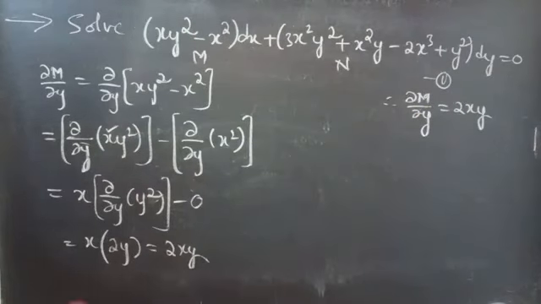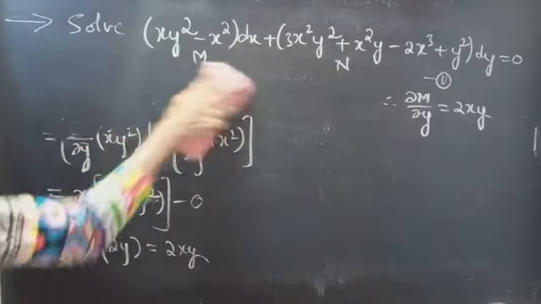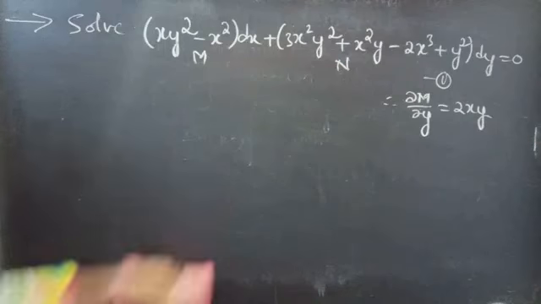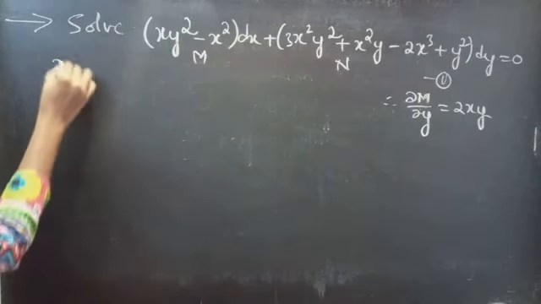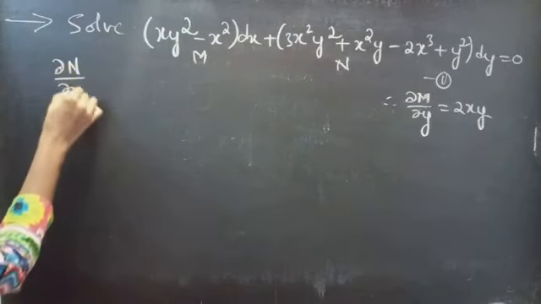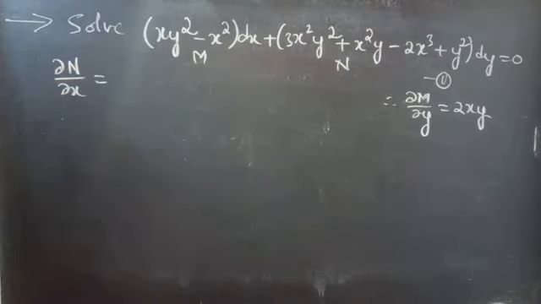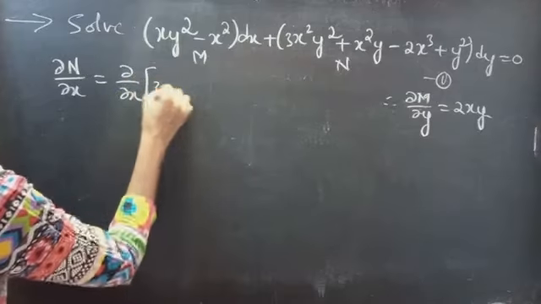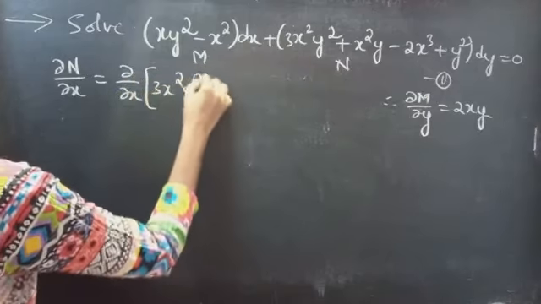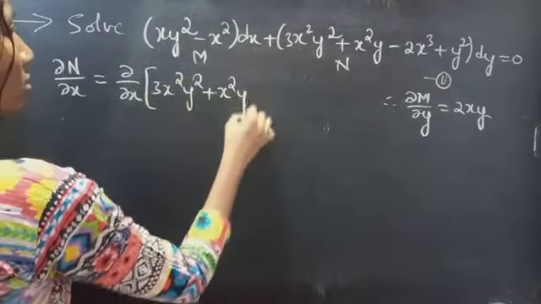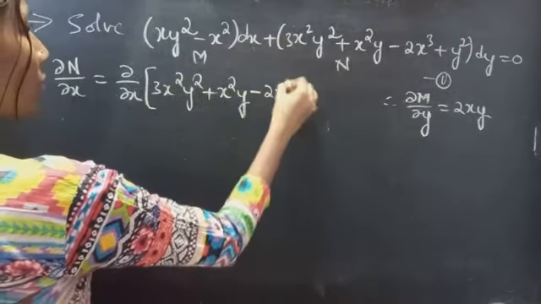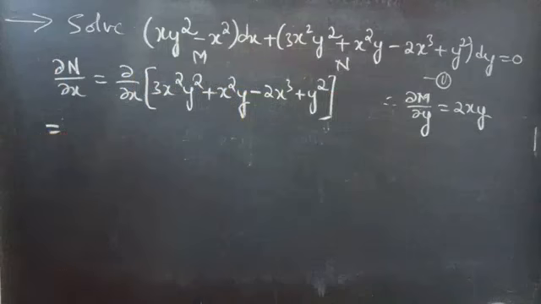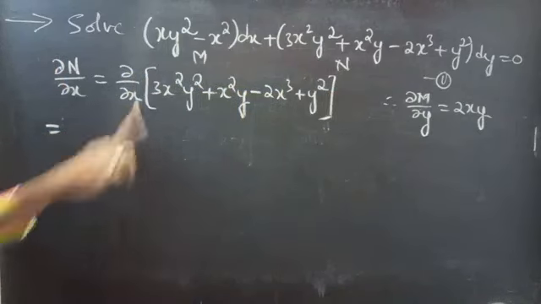Now, let's find the partial derivative of N with respect to x. It is ∂/∂x of N, that is 3x²y² + x²y − 2x³ + y². Since we are doing partial derivative with respect to x, y will be treated as constant.